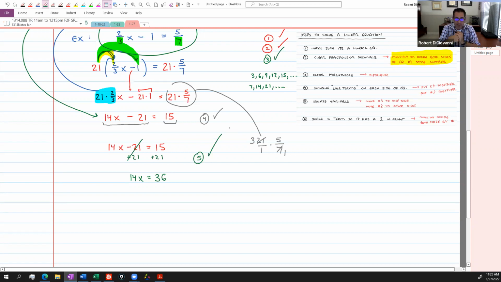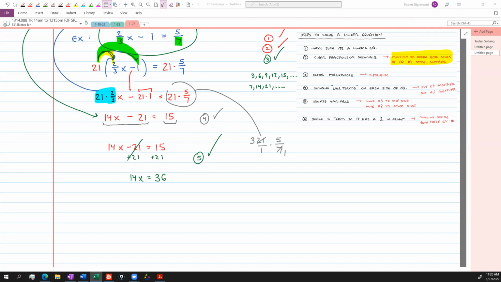Last step is to scale the x term so that it has a 1 in front of it, right? And let's see, Sarah, are you there? Yes, I'm here. Okay. Sarah, what do I mean by scale this variable term to make it have a 1 in front?